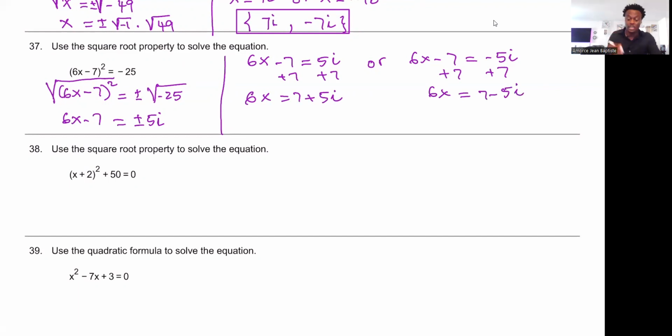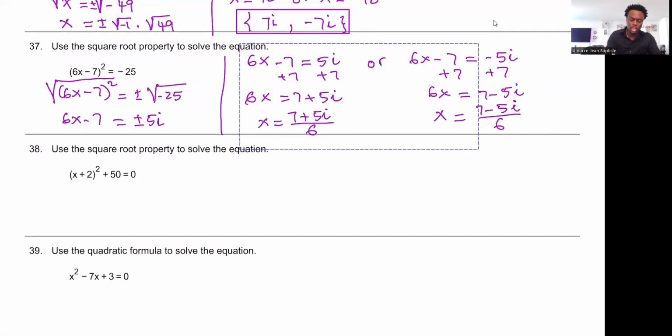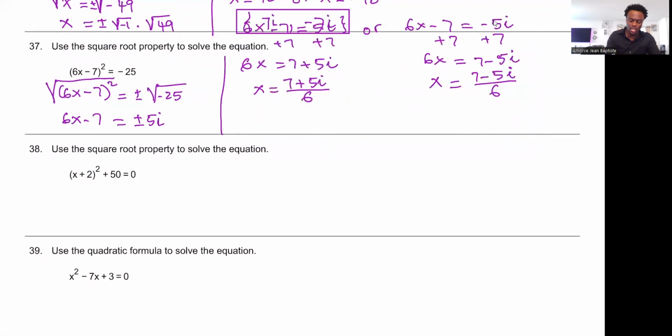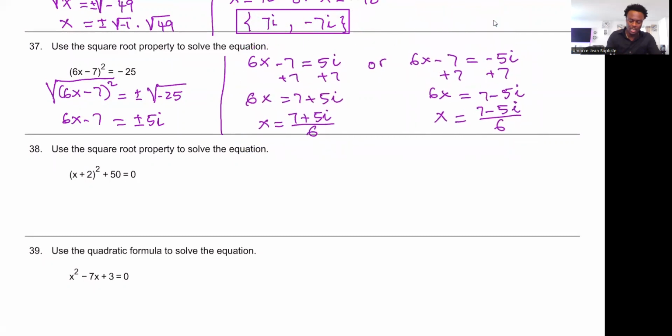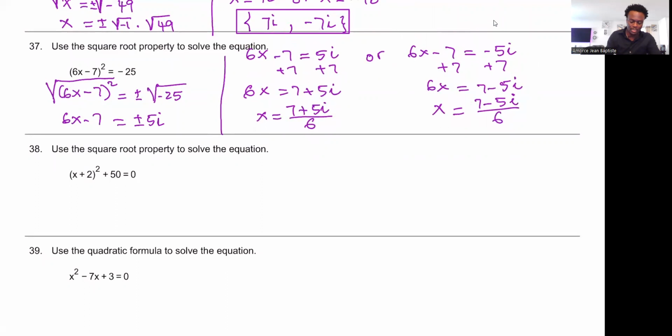Divide by 6 to get x equals (7 plus 5i) over 6, and x equals (7 minus 5i) over 6. So these are the two solutions of my equation. Then I can present my solution set.